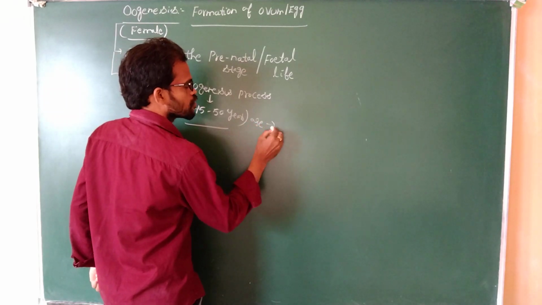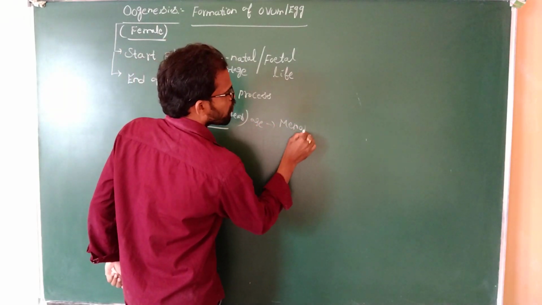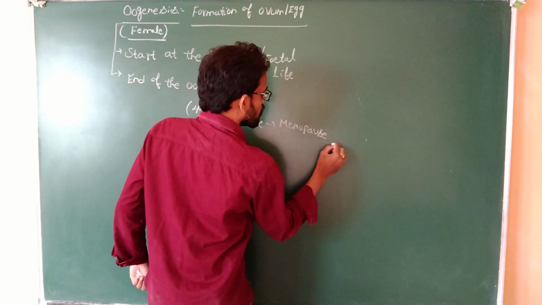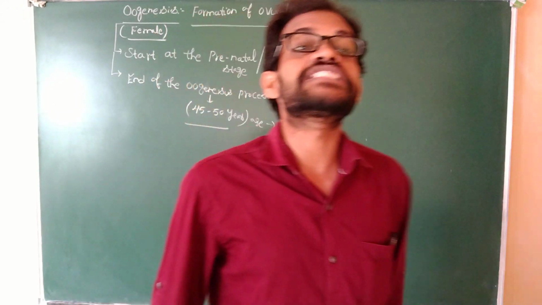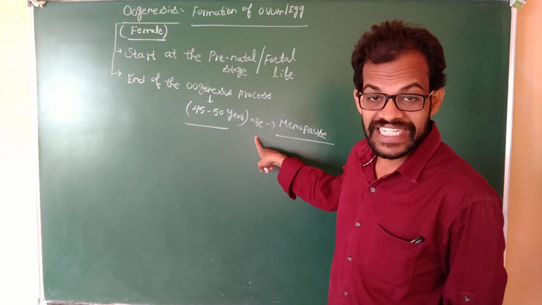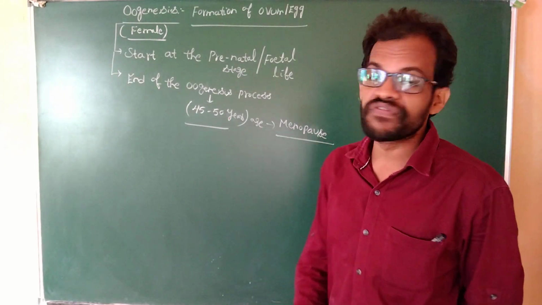That age is known as menopause. Meno means month, pause means stop. The oogenesis process stops at the age of 45 to 50 years.